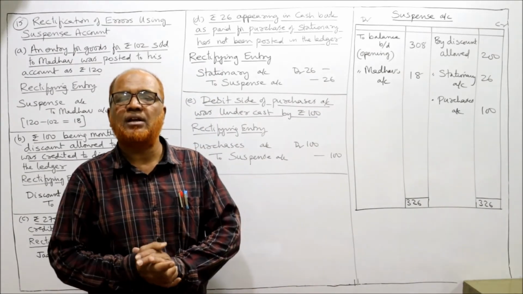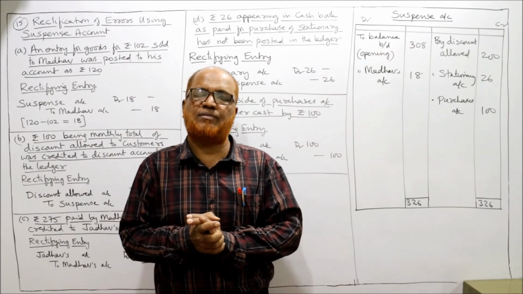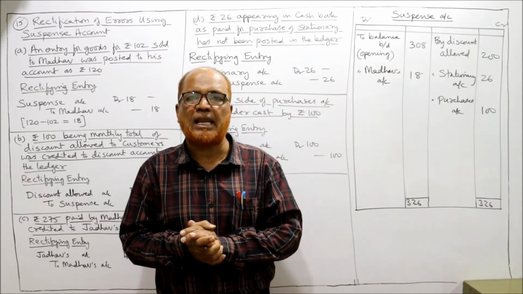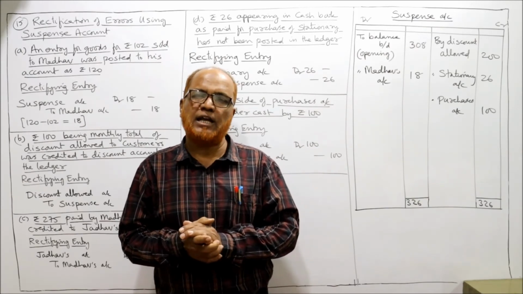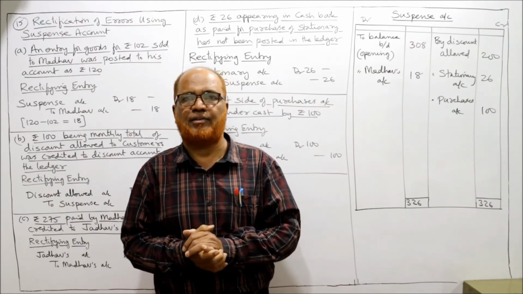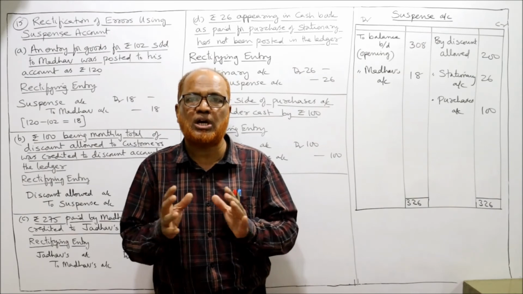So far we have done 15 main problems and few short problems on rectifying the errors. See, this chapter of rectification of error is not an easy chapter. Until and unless you have a strong knowledge of journal entries, only then can you understand this. Every point will be a logical point.